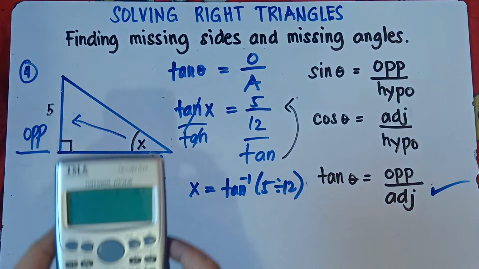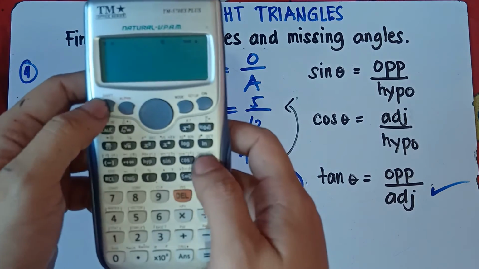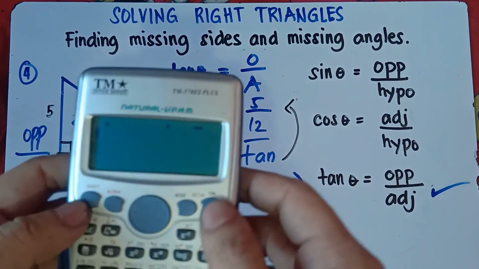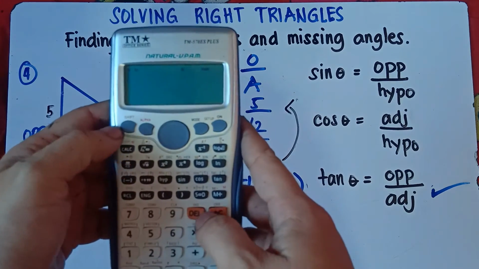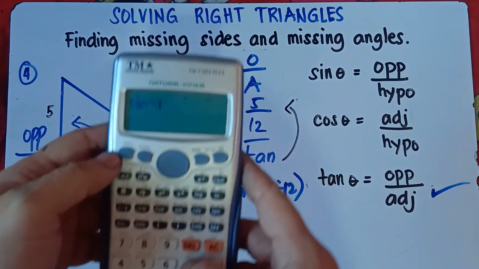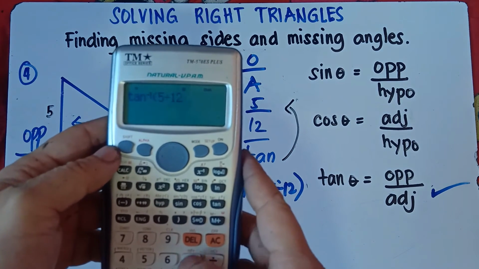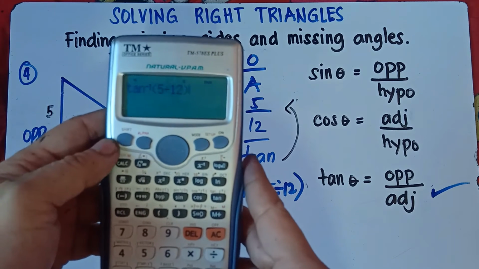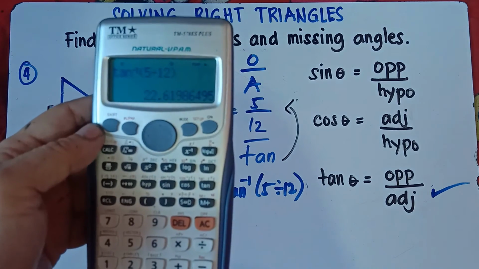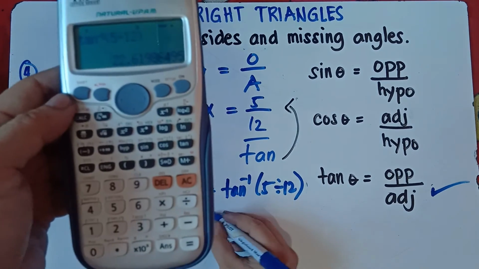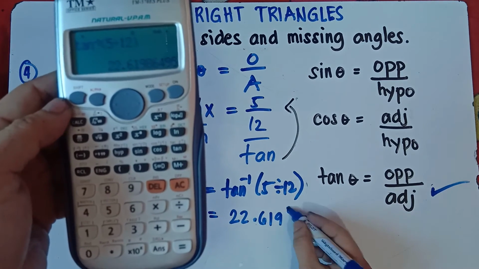In the calculator, to make this inverse tangent, you press shift, then tangent. So shift tan, then 5 divided by 12, close parenthesis, equals, and you will have 22.619 degrees.